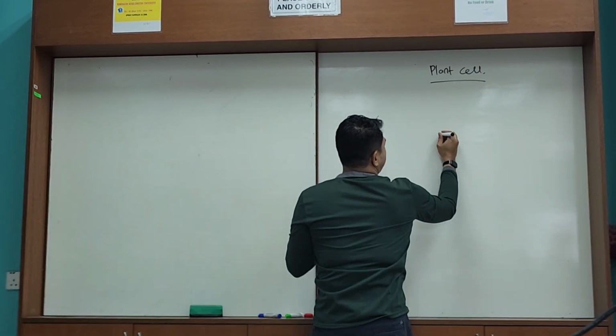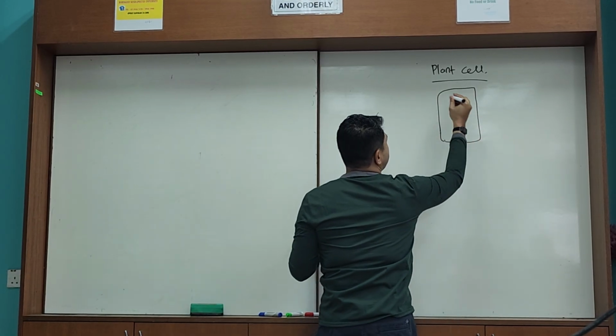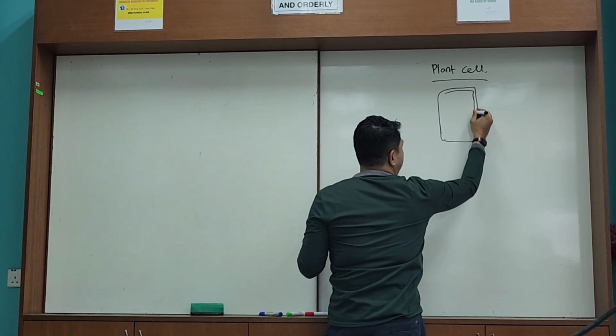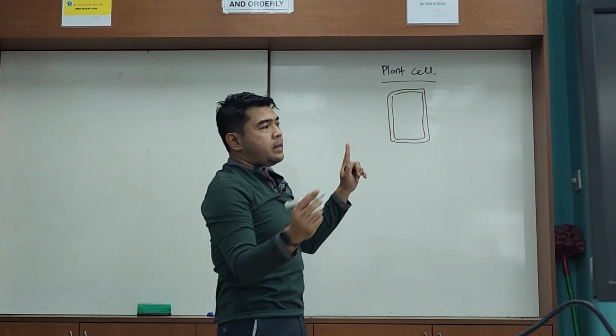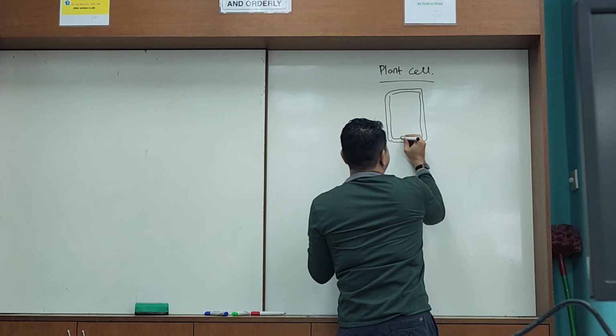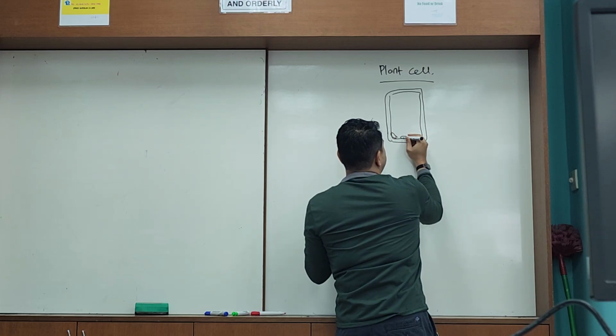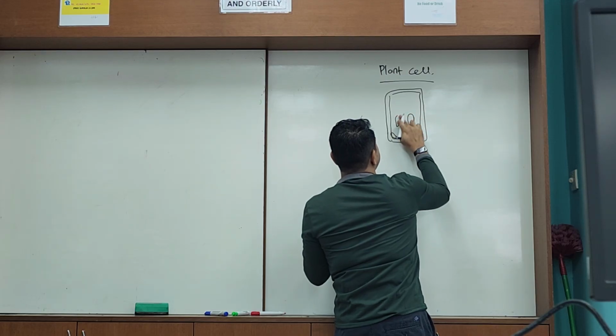I hope you should be able to draw some basic plant cells now. It's got the cell wall, got the plasma membrane, and two organelles that we are interested in. Number one is this guy here, and the other one is this guy here.